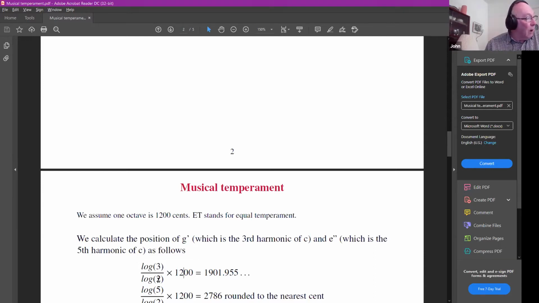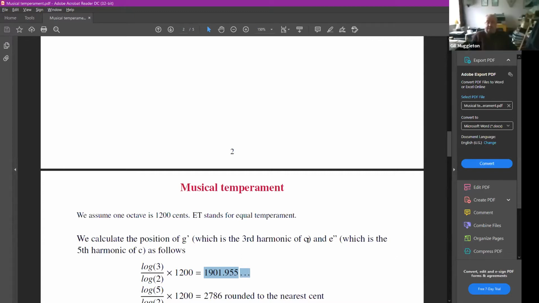So if I divide that into that multiplied by 1200, that G will be 1901 cents above the fundamental. Got me so far? Yeah. Any dissenters? Oh, plenty.